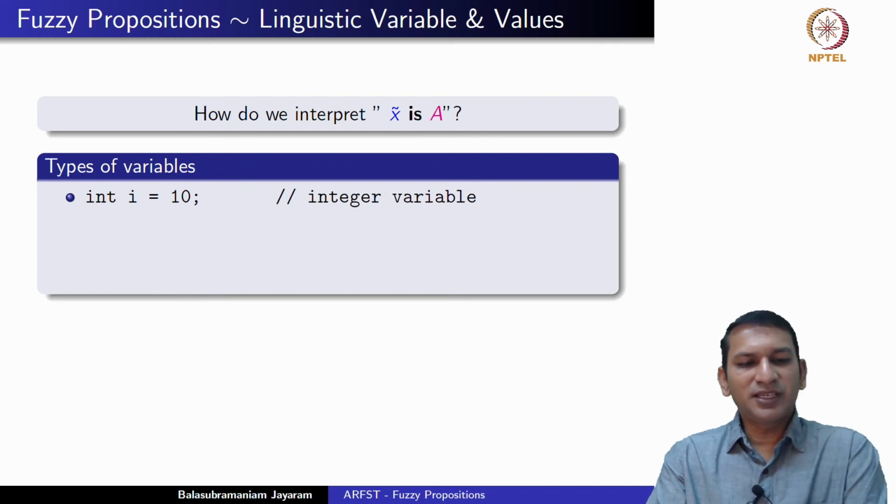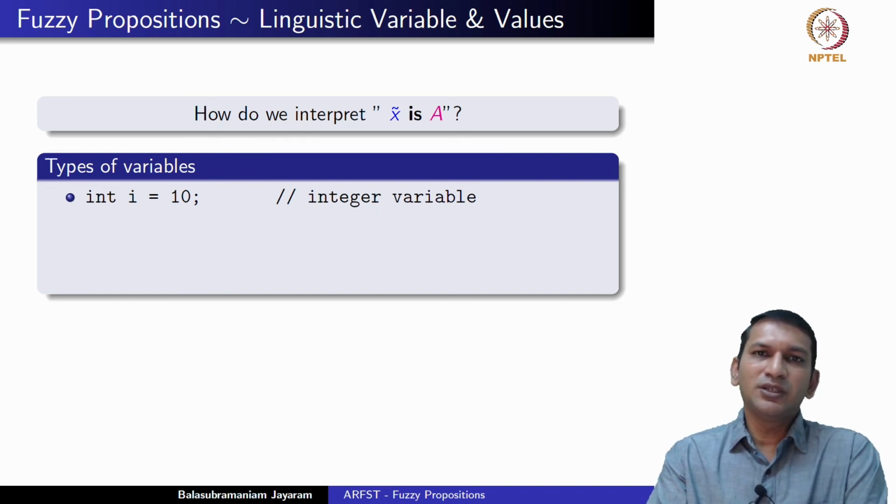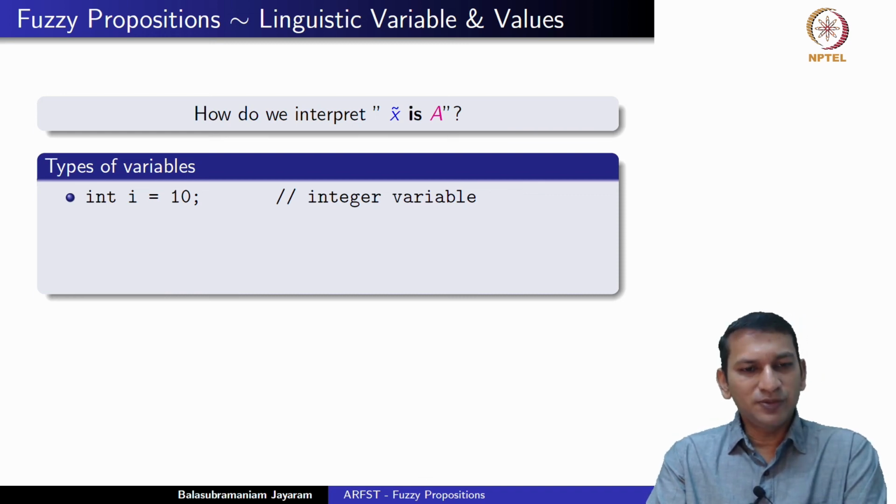So when we write such a statement, int i is equal to 10, then the compiler understands that i is of type integer, it's an integer variable, and it can assume values only from the set of integer values. If you give it a real, of course, it knows how to truncate it. So i is an integer variable, can assume integer values.